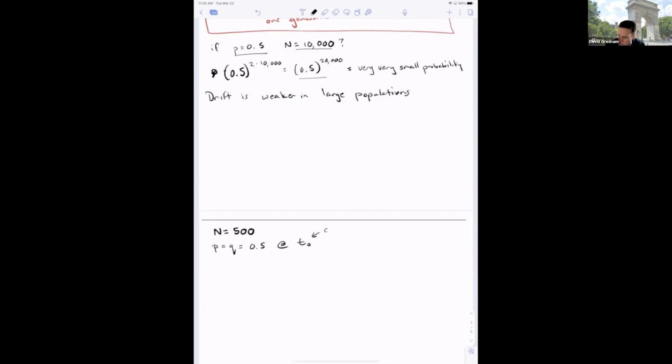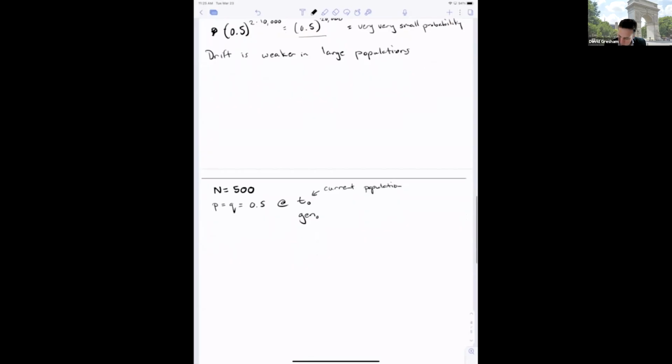So this I'll use to refer to the current population, or sometimes we could also say Gen 0. Okay, so in this population then, what does this mean? This means, therefore, that we have 500 copies of the big A allele, and we have 500 copies of the little a allele.